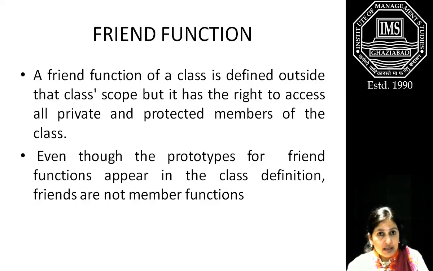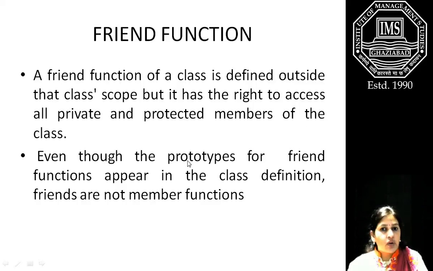That is, member functions are defined inside or outside the class and have the right to access all the private and protected data of the class, but the friend function is defined outside the class and still has the right to access all the private and protected members of the class.